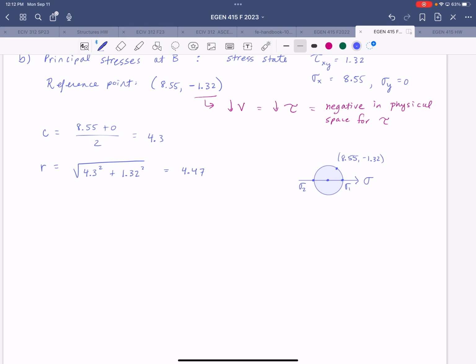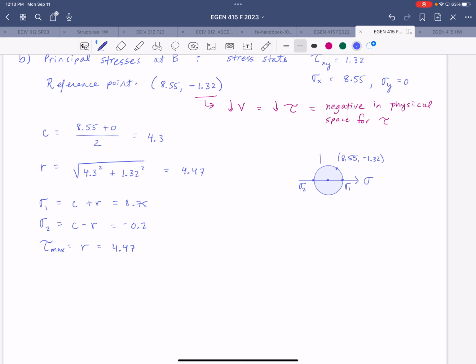And so our first principal stress is just C plus R, or 8.75. And second is C minus R, or negative 0.2. And of course, the maximum shear stress is the radius, 4.47.